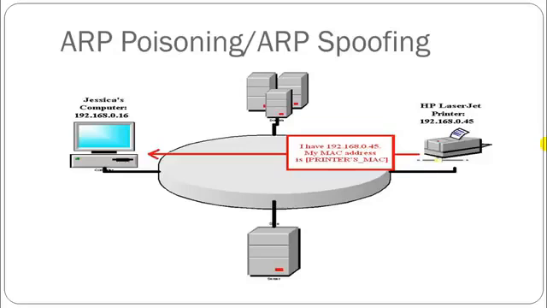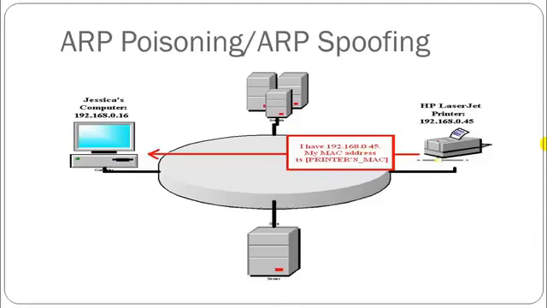The first is the ARP request, where computer A asks the network who has this IP address, and then the ARP reply, as you can see on the diagram over here, says this is my MAC address. Then there is a reverse request, RARP, which is the same concept as the ARP request, but over here computer A, that is Jessica's computer, asks who has this MAC address after they have the IP address, and then the HP LaserJet printer replies that it has the MAC address. So first it checks the IP address, then it checks the MAC address.